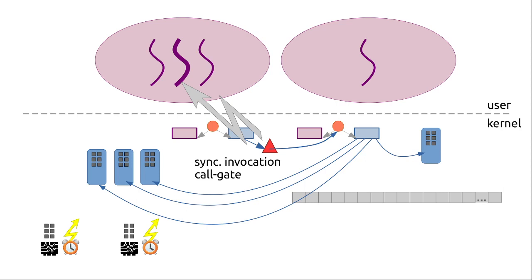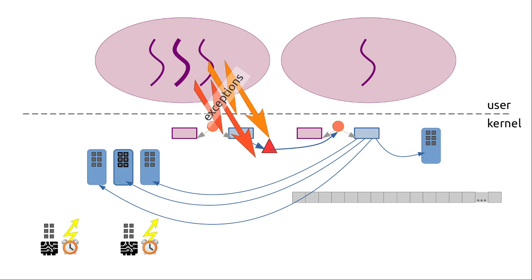Indeed, this is very powerful. We use it not just for system calls to implement these function invocations between components, but also for exceptions. When an operation happens in the left component, for instance, it accesses memory that does not exist, it will trigger an exception in the CPU that the kernel will use to look up a certain synchronous call gate that will then call into the component on the right that can then actually handle the exception for us.